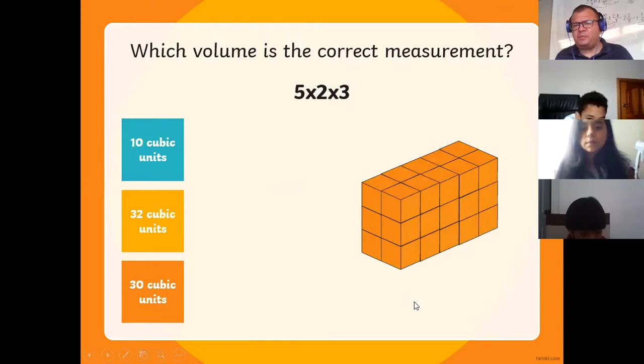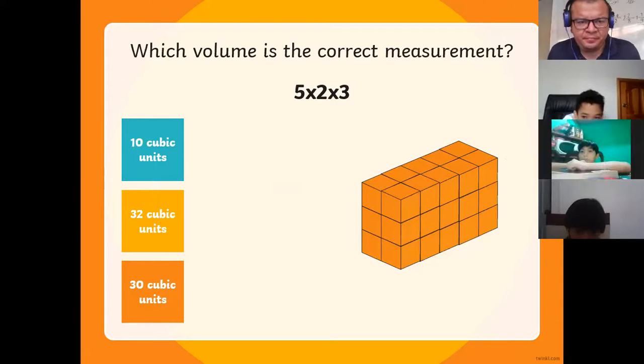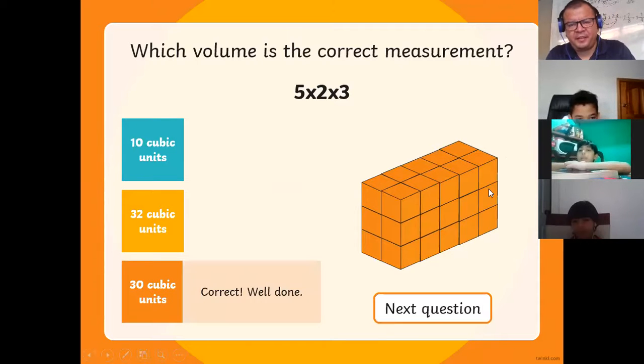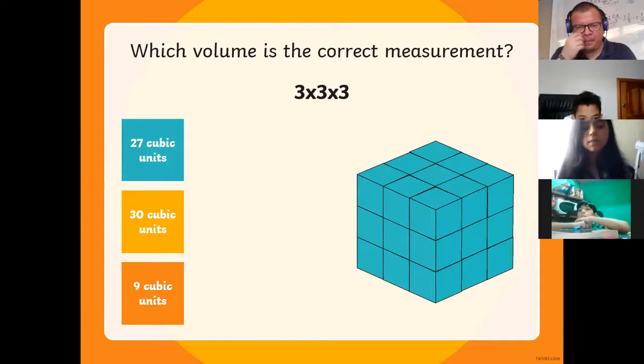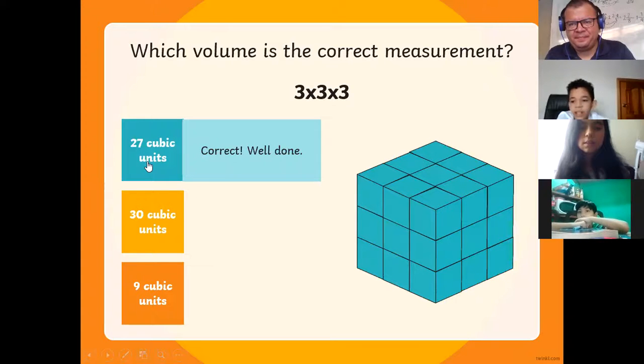Which volume is the correct measurement? 30. This one. 9 times 3. 27.